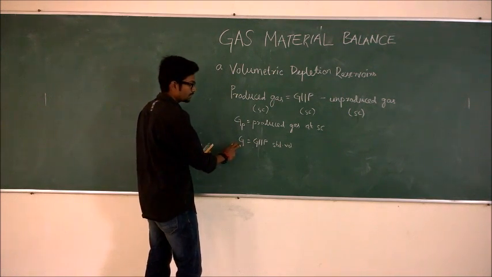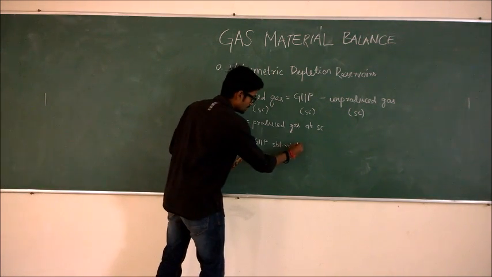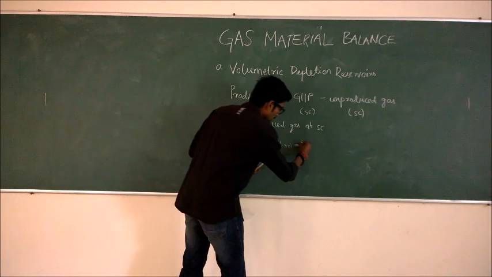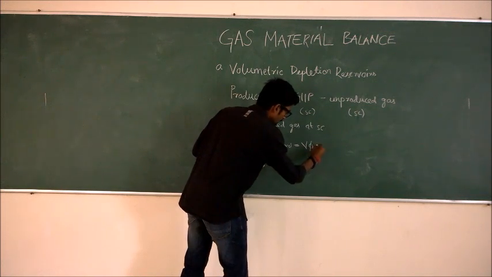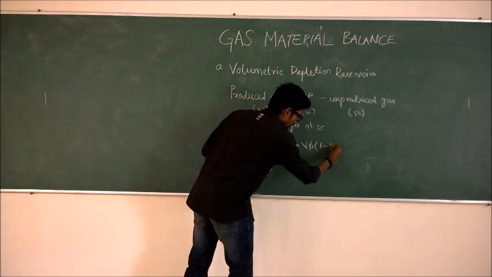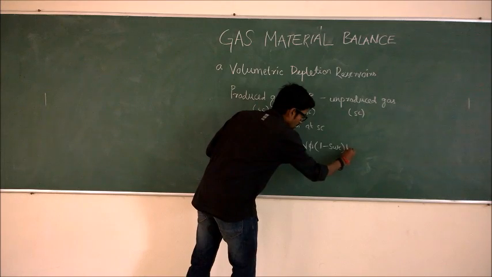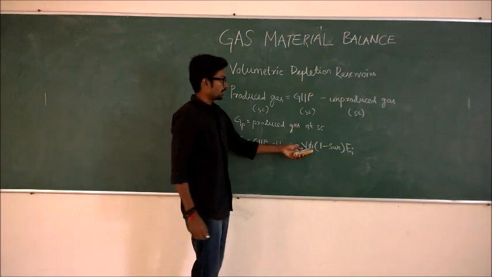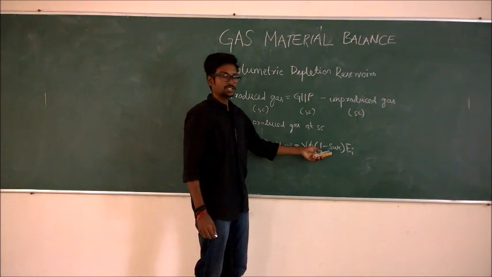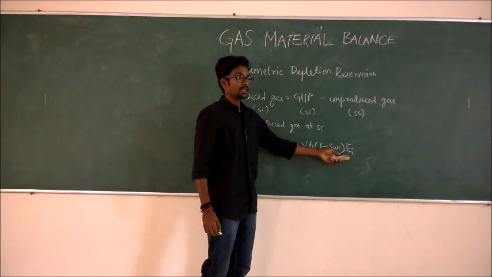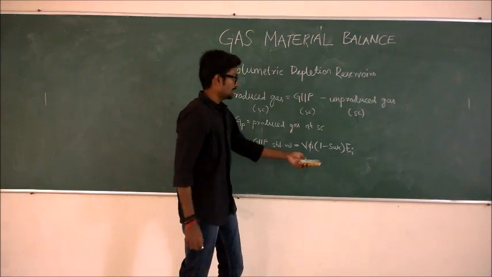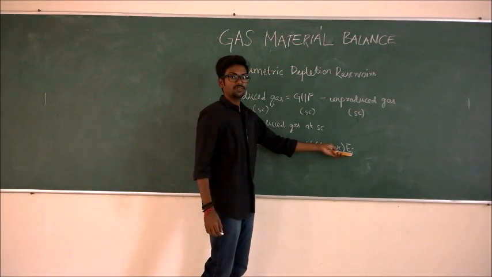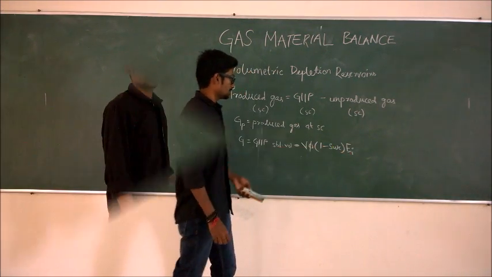Now, G is calculated using this equation, which is V phi into 1 minus SWC into EI. Here V is the bulk volume, phi is the porosity of the reservoir, SWC is the connate water saturation, and E is the expansion factor. EI is calculated at initial reservoir pressure and temperature.